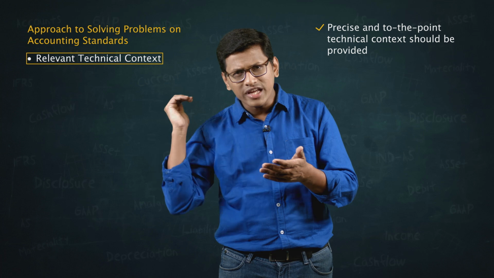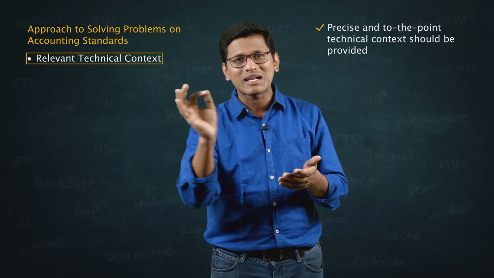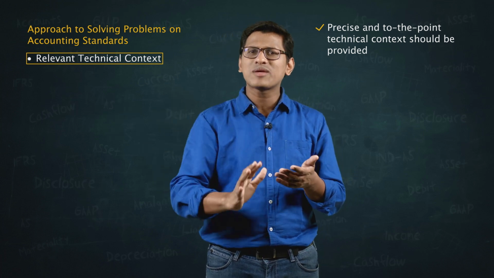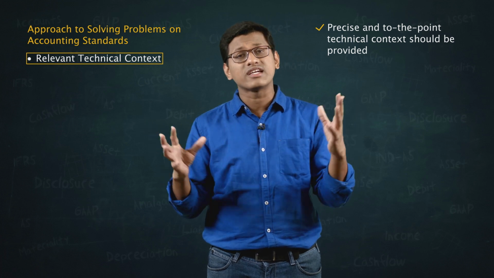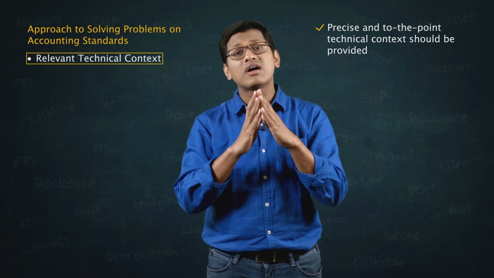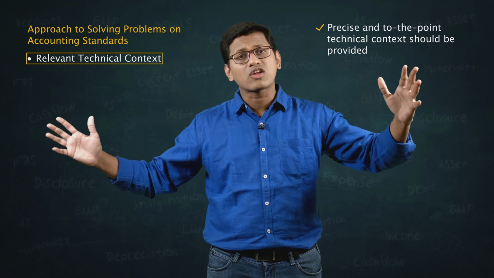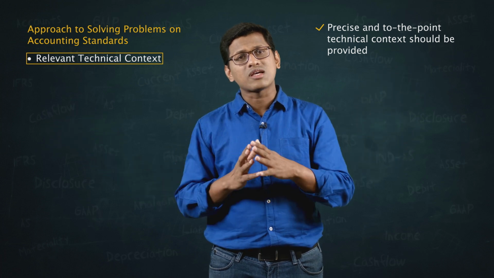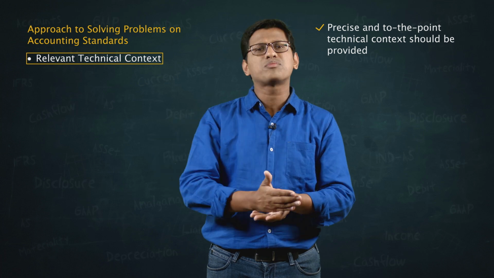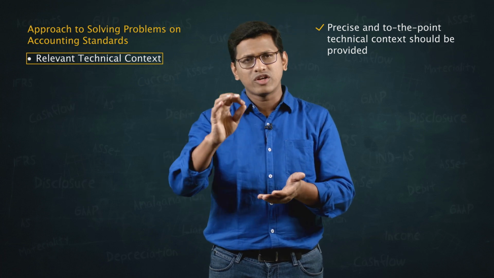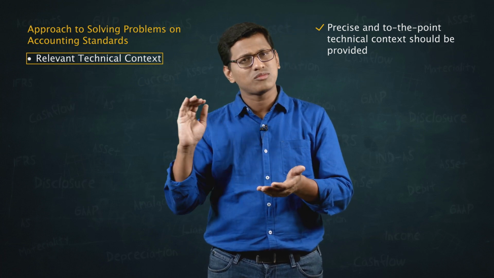So again, go straight to that going concern point and write that, because a lot of times what students do is spend a lot of time on context setting. We don't get any marks for that broad level context setting. Maybe in some other exams you will get, but definitely not in our CA exams. So go straight to that particular point and write whatever concept the accounting standard talks about with respect to that.